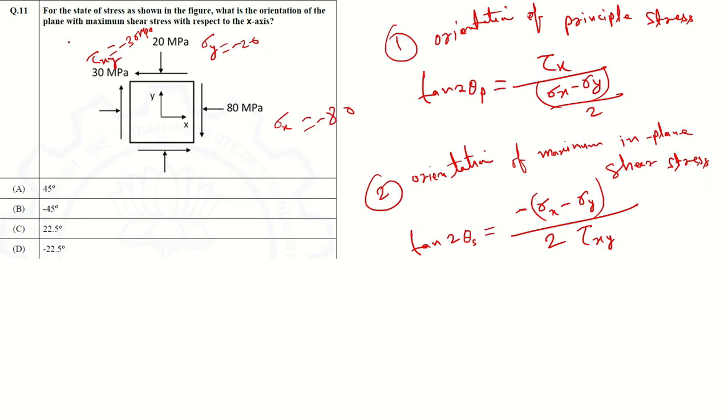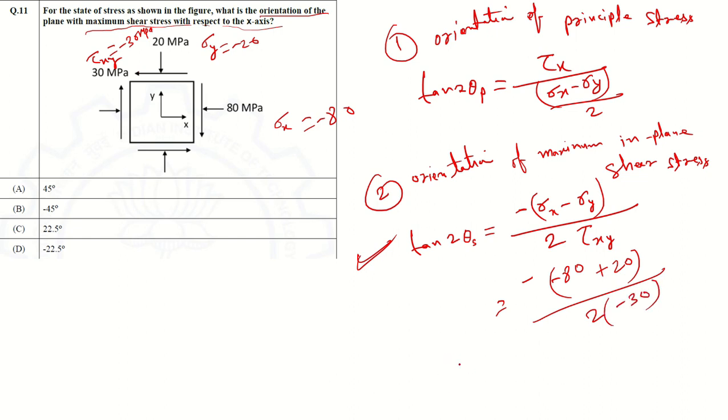So here we will see, for the state of stress in the figure, what is the orientation of the plane with maximum shear stress? Here maximum shear stress is asked, right, with respect to the x-axis. So we will apply this formula. Sigma x is given as minus 80, sigma y is given as minus 20. So minus 80 minus minus 20, divided by 2 into minus 30.